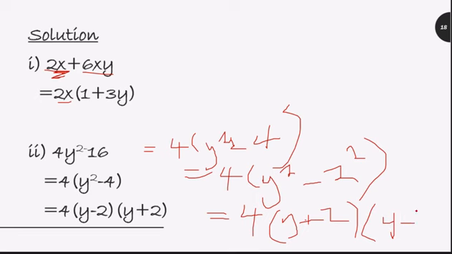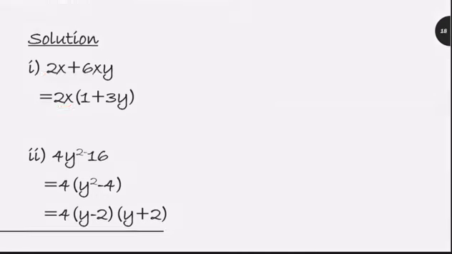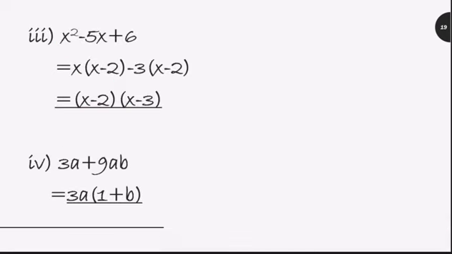Factorize x squared minus 5x plus 6. This is a quadratic expression, friends. So how do we factorize this one? There is what we call the product-sum and factor method. Here you have a product, and here you have a sum.